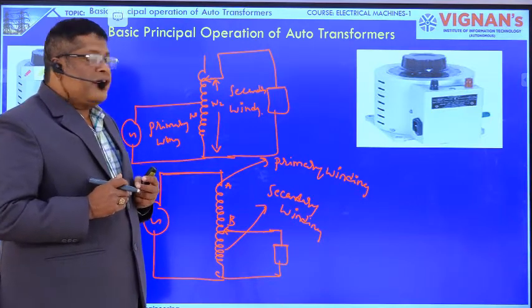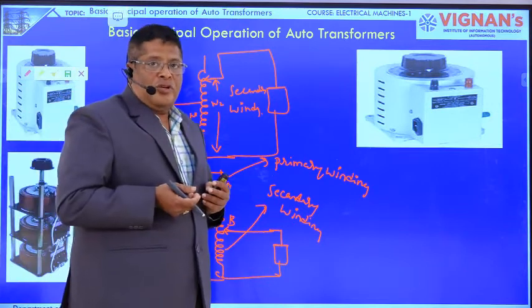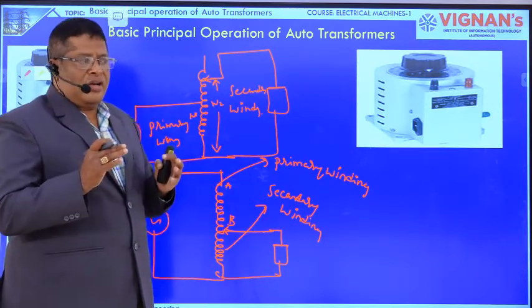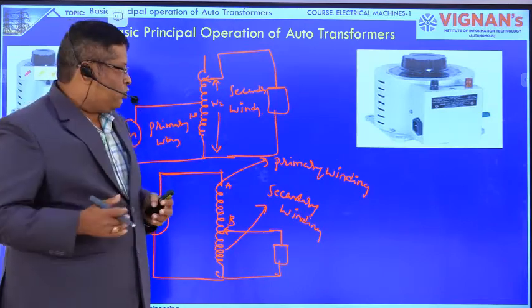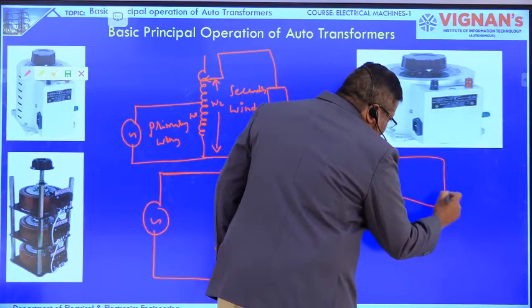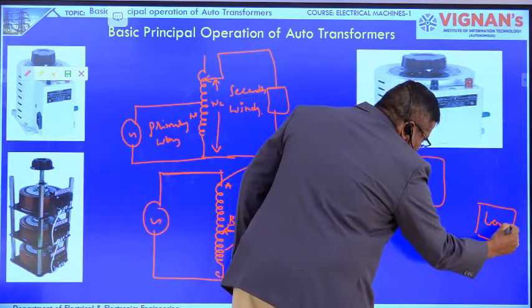Next, in transmission lines also, they use a three-phase auto transformer. Suppose this is the transformer giving power to the load. This is the load.